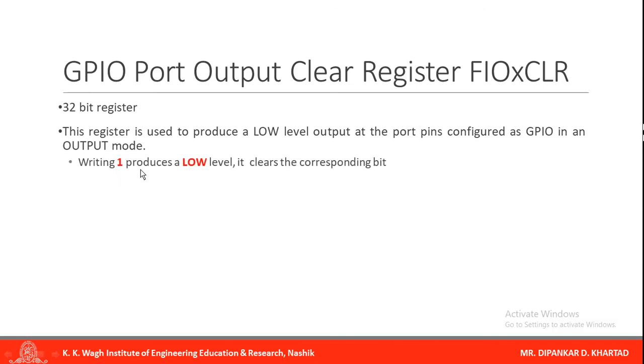Again, writing 1 produces a low level, it clears the corresponding bit. And what about writing 0? Writing 0 has no effect. So again, writing 1 produces a low level and writing 0 produces no effect.